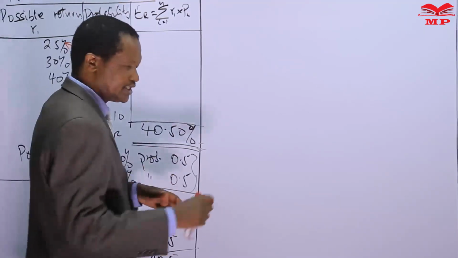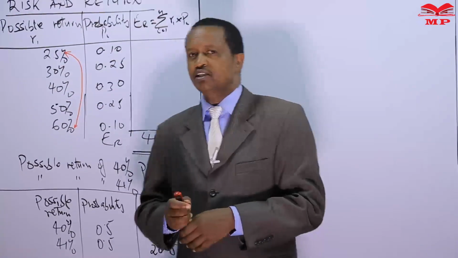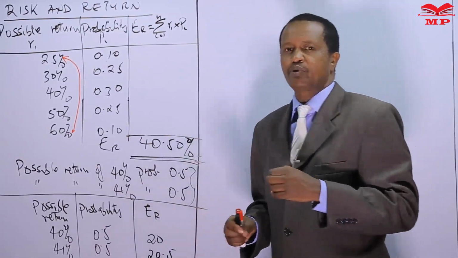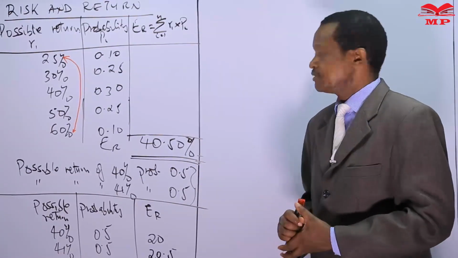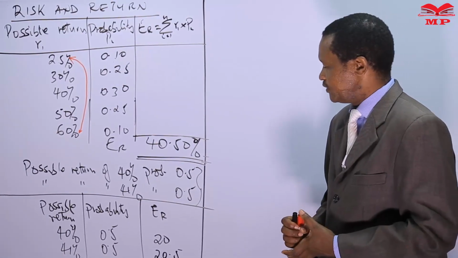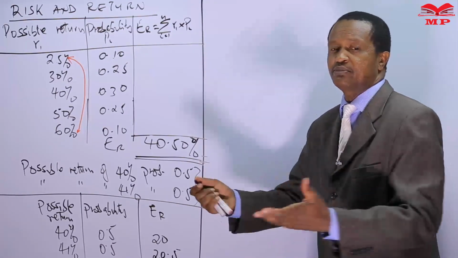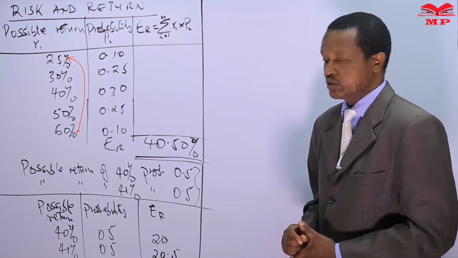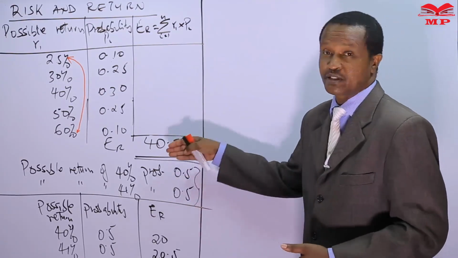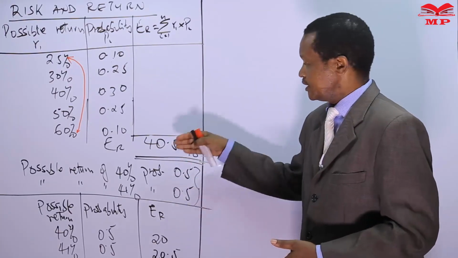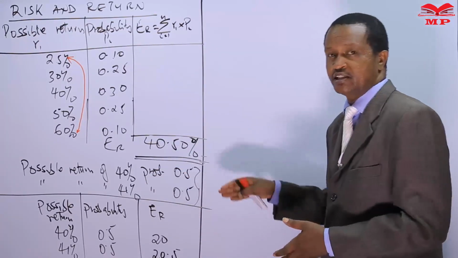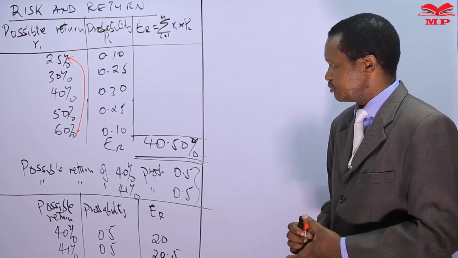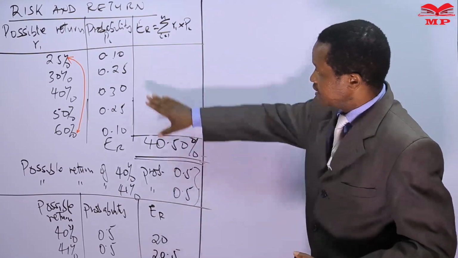We have to measure the risk associated with the expected return in order to have a proper description of the investment, so that the investment can be described clearly for one to make a decision as to whether to invest or not to invest. So other than measuring the expected return, the risk associated with that expected return has to be determined.